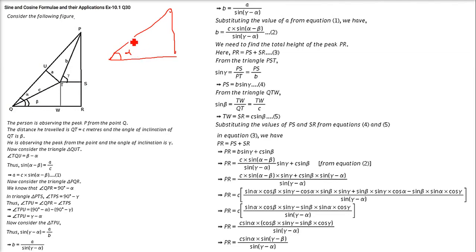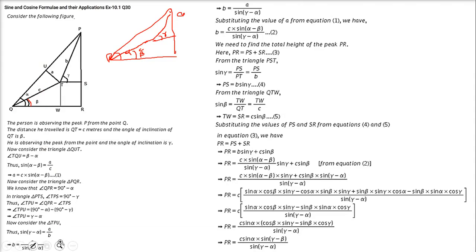Let me tell you that the person is observing the peak P from Q. The distance he traveled is QT, so he travels a distance C, and now the angle of elevation is beta. When he reaches here, he sees this angle as angle gamma.